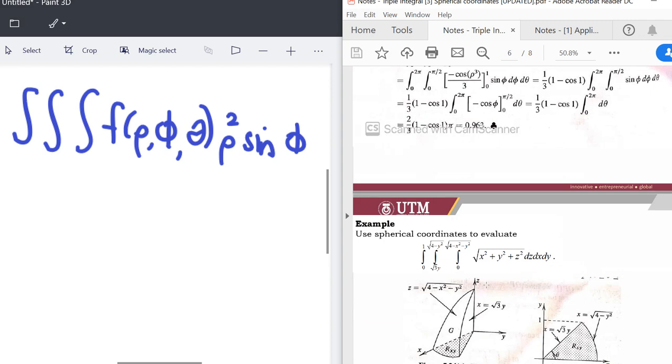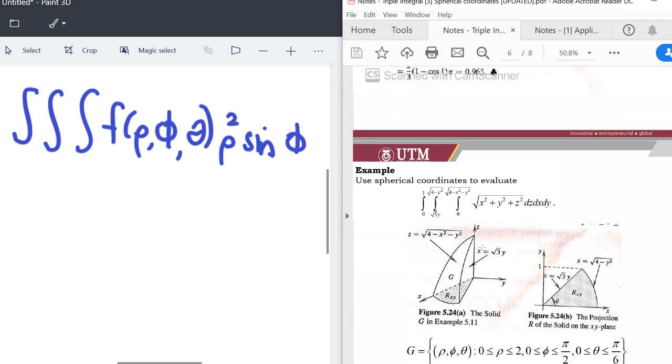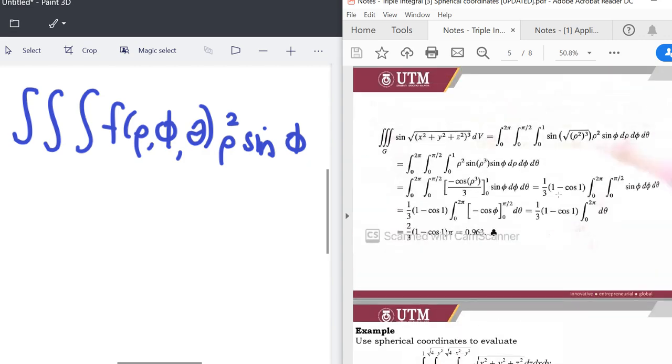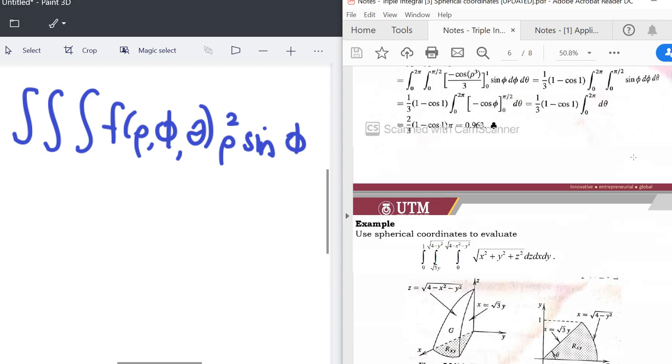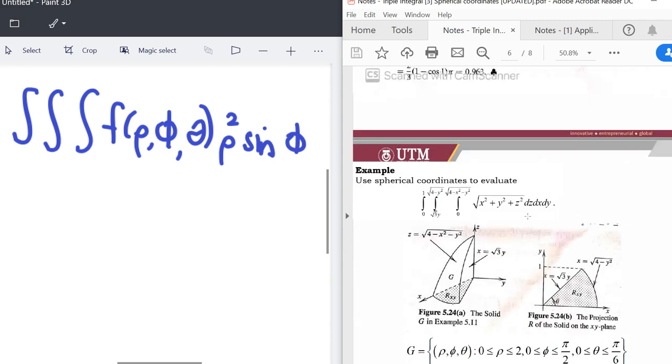So you can go through this second example. Previously they gave you dV. For the second one they give you dz dx dy.